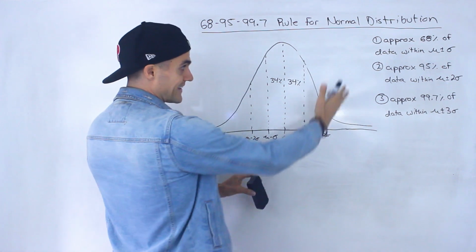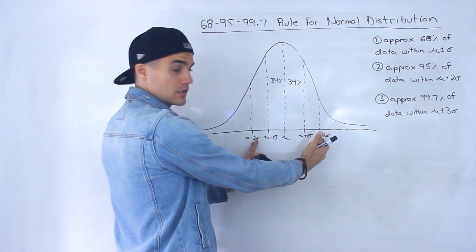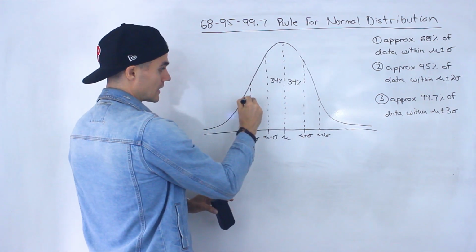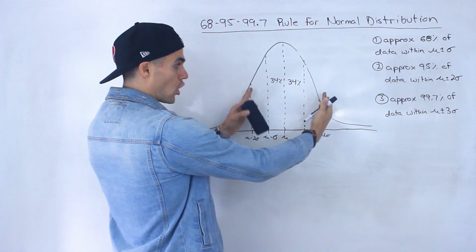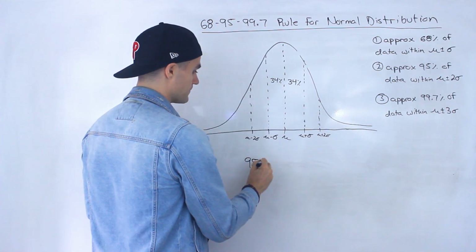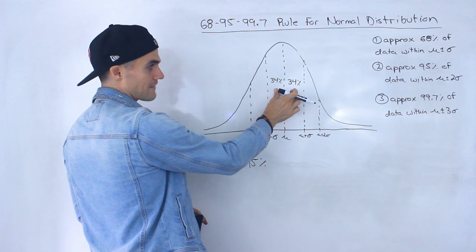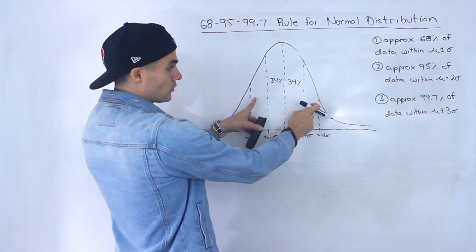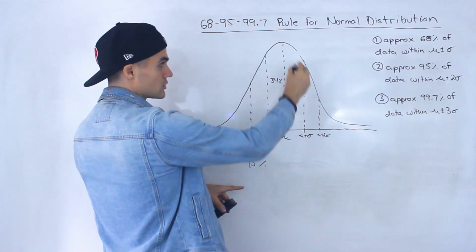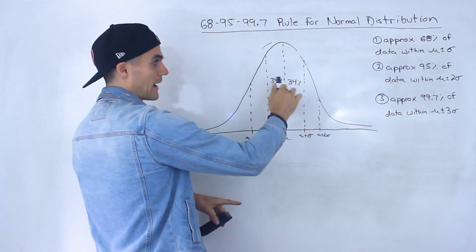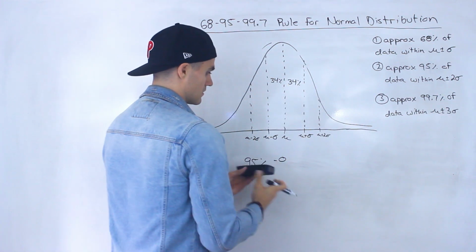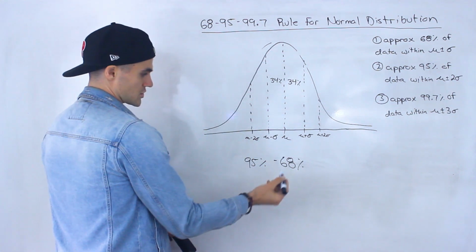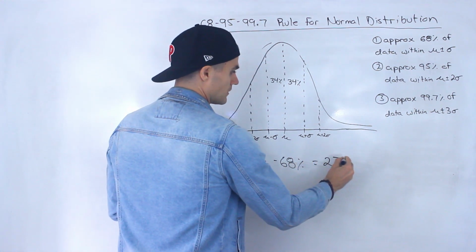Well, we know that 95% of the data is going to fall between these two values. So this whole thing, between this and that, is going to be 95%. But we already have 68% covered with this area here. So the total of these two areas is going to be the total 95% minus the 68%, which is going to be what? 27% remaining.